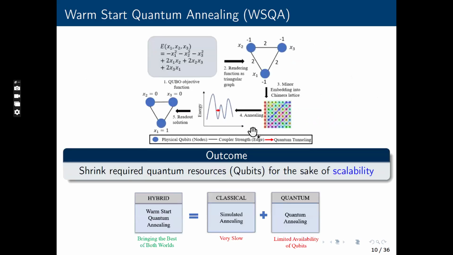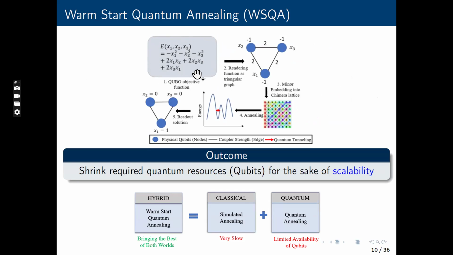Okay. So whenever we work with an optimization problem, we start with the objective function that we need to optimize, right? So let's say we have an objective function like this one here. And in order to make it compatible with quantum annealing, we have to first make it a quadratic unconstrained binary objective function. So let's say we have this objective function.